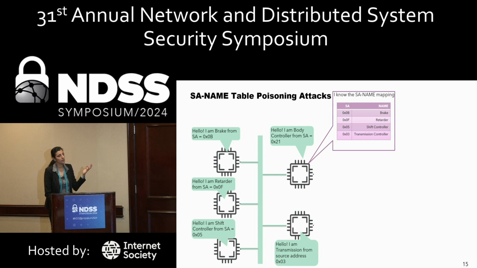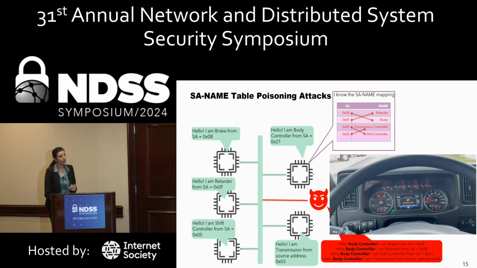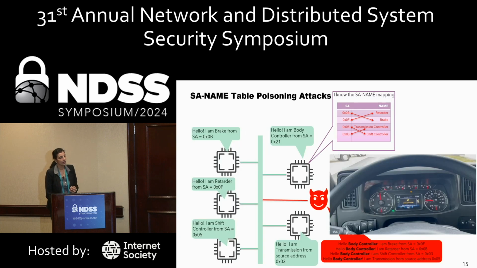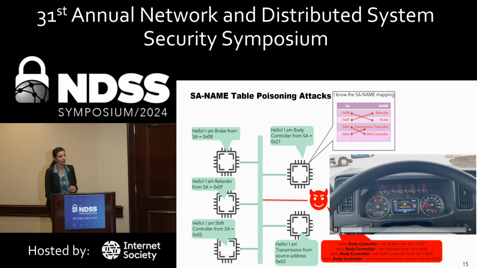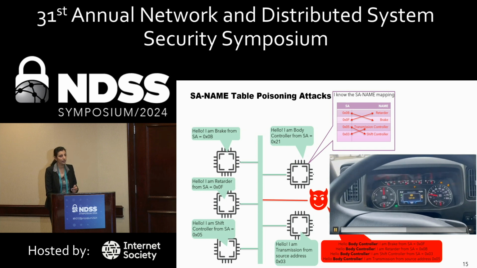In this attack, the attacker comes in and sends destination-specific claims to poison the source address name table, and with this attack we were able to actually disable ABS on a moving truck, which would be heartbreaking for an operator.